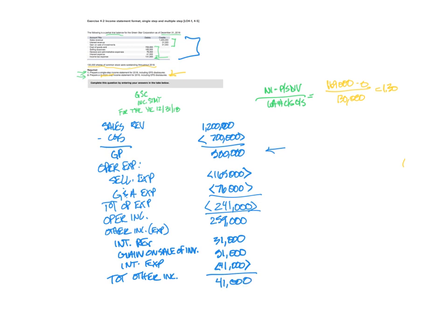We're going to add this to our operating income that we had right up here of 259,000, and this produces for us income before taxes of 300,000. Again, that's this piece right here and this piece right here.